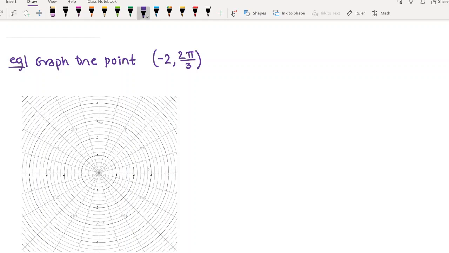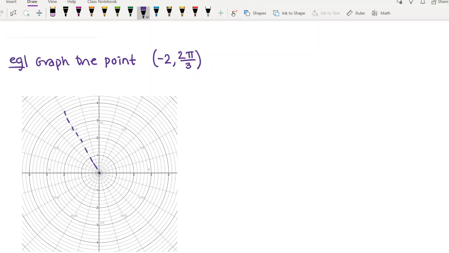So we basically go to the angle of 2 pi over 3, right? So we know that that's going to be this angle. And if it was +2, then we would be going to this point here. But it's not, it's -2. And so what that tells us is that we actually want to, while staying in the same direction, go 2 in the opposite direction while staying on this same angle.